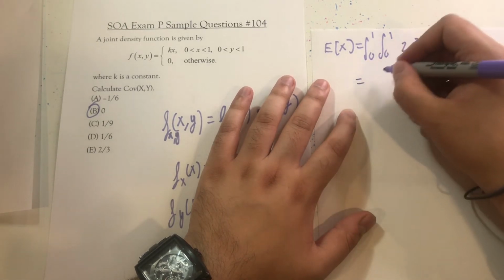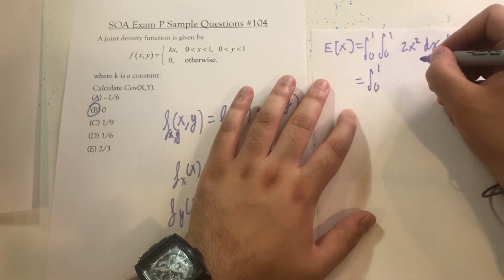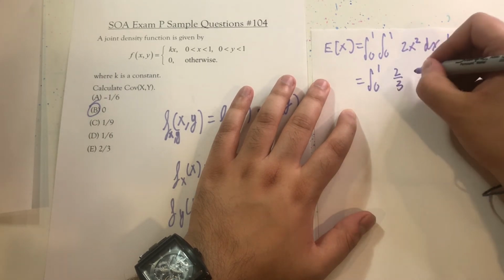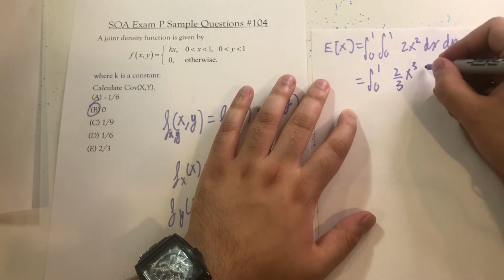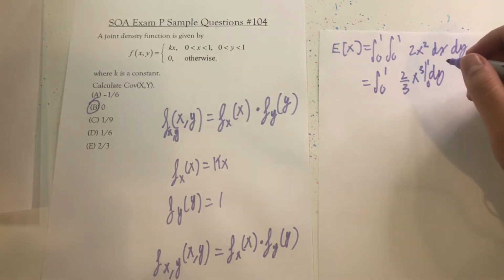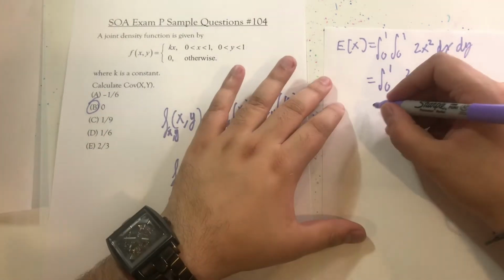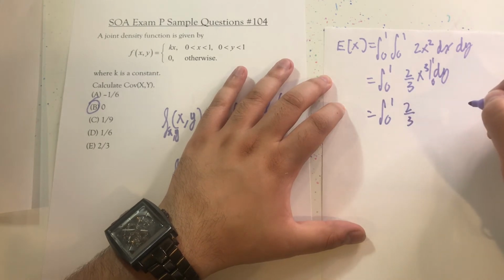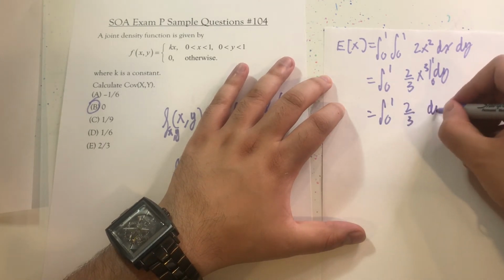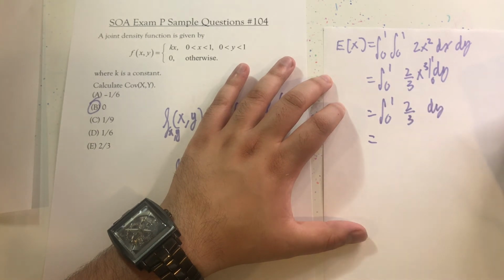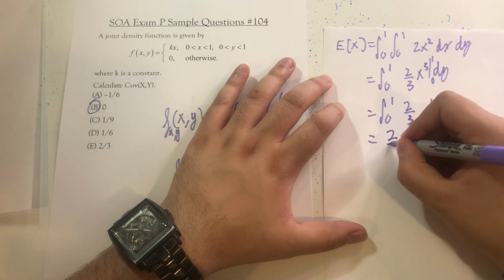And this will equal the integral from 0 to 1 of 2 over 3 x to the third, dy, going from 0 to 1. This will just be 2 over 3, dy, and the final answer is going to be 2 over 3.